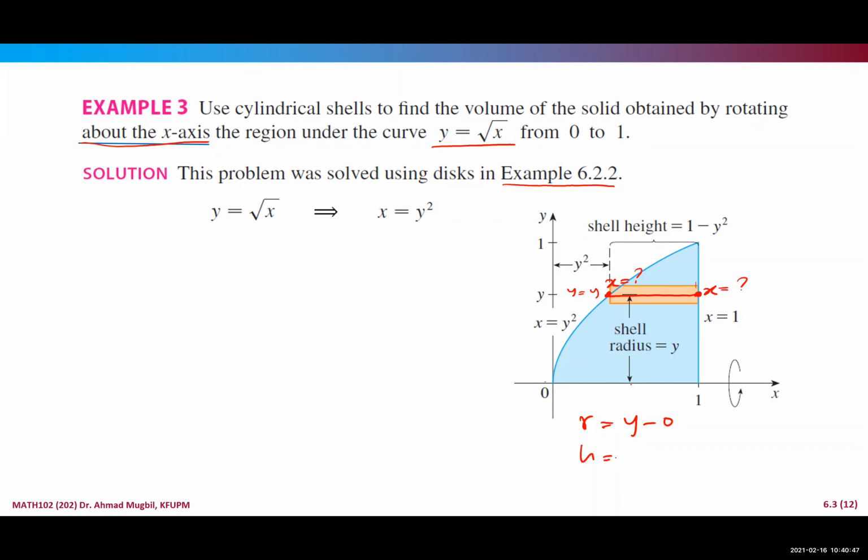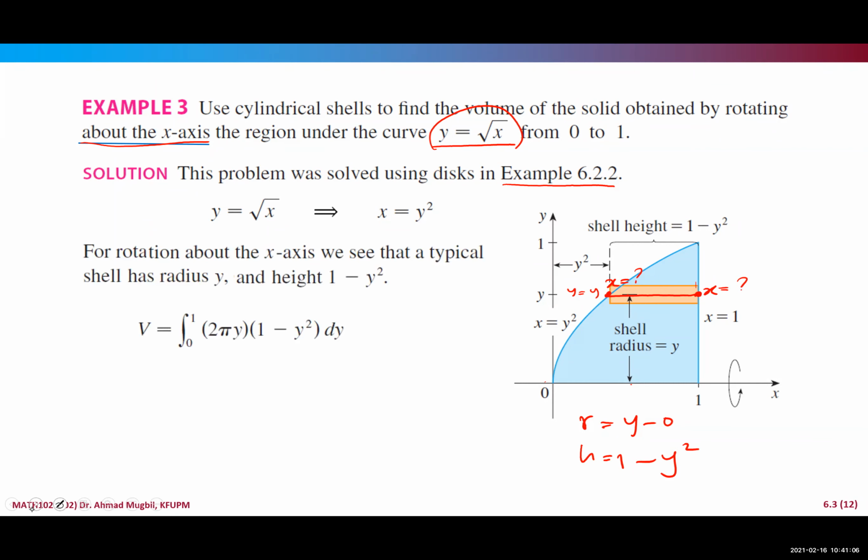So h will be: x here is 1, minus what is x here? x here is y squared. Now you will integrate with respect to what, ya shabab, here? With respect to y, because your rectangle is perpendicular to the y-axis.